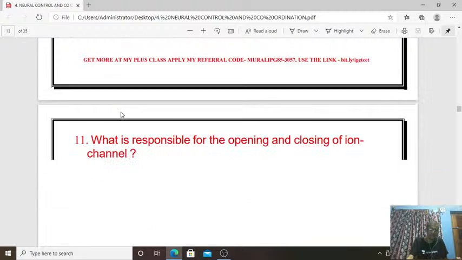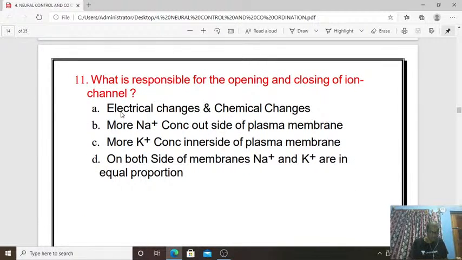Next question, number 10. What is responsible for opening and closing of ion channel? Just a minute, I will check it once again. After the discussion of this 11th question, I will move back to the 9th question. For the 11th question, what is responsible for opening and closing of ion channel?